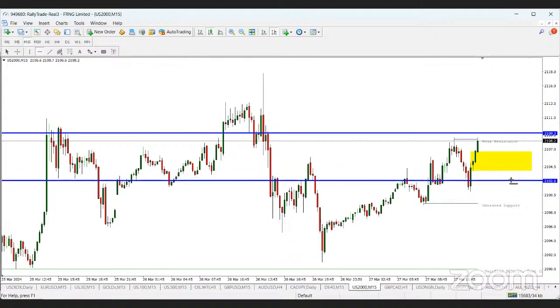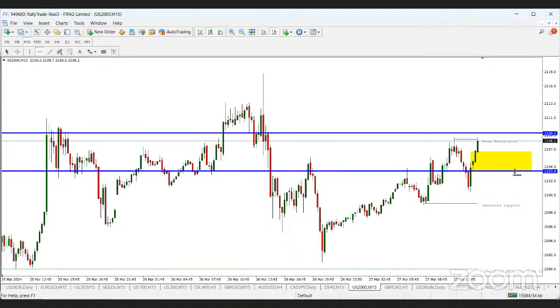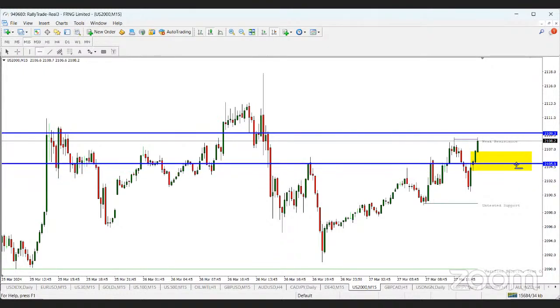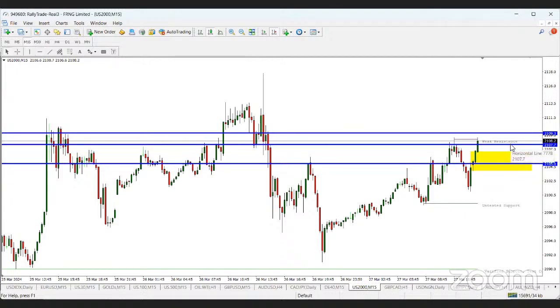You see that I'm buying US 2000 from, let's say, around 2105. And if I'm buying from that 2105, I should be looking at coming out at around 2108.